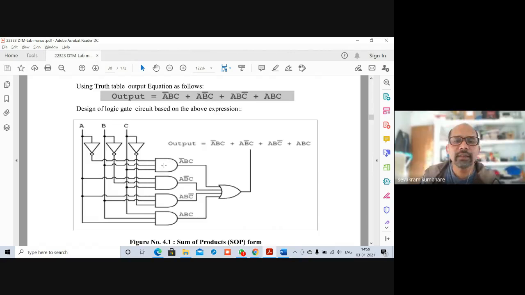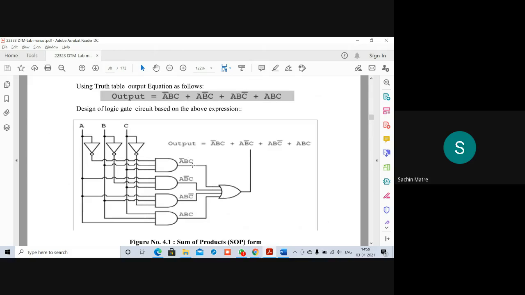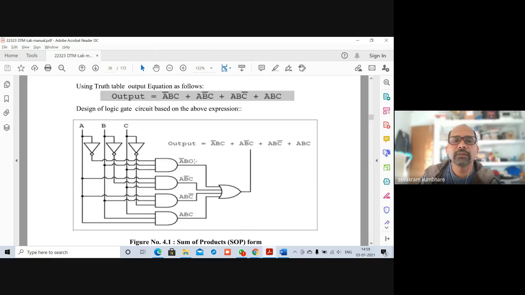So what you can observe, here is an AND gate. In the AND gate we are applying a bar, b and c, which will give us a bar b c. In the second AND gate we are applying a, b bar and c, so that we will get a b bar c.